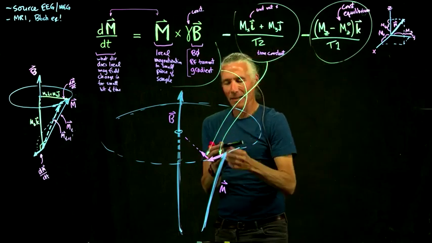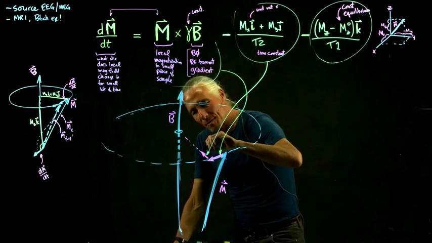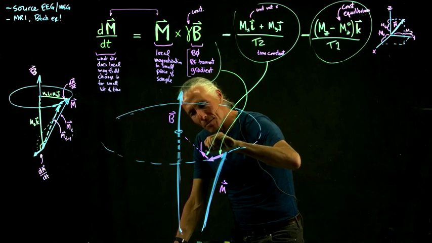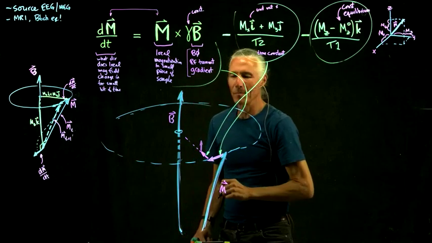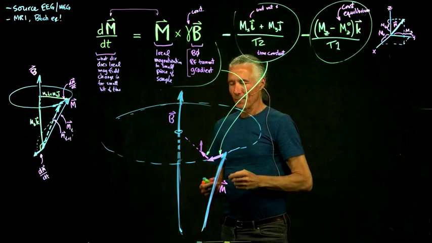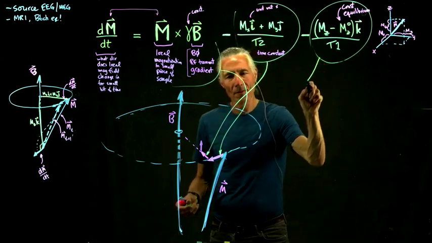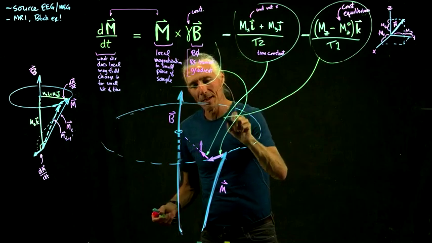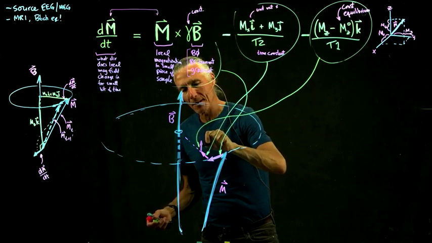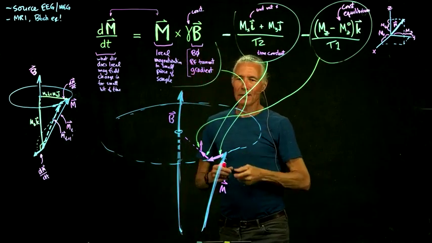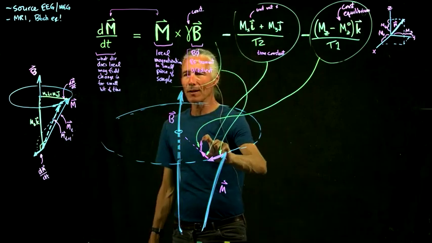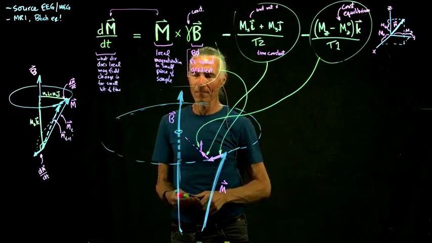So that one's going to actually be a positive. It's going to move you in this direction. It's slower movement. I drew it big there so we could sort of see it clearly. And so that one is going to make this m vector longer.